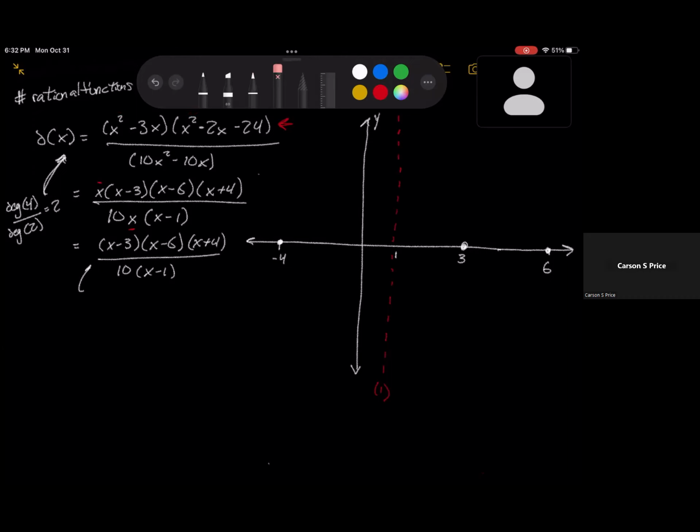So let me get rid of all these notes. So I'm going to expect behavior like a quadratic because the leading coefficient in front of this x to the 4th is going to be a 1. And the leading coefficient in front of the x squared term down here is a 10. So this quadratic is going to have a leading coefficient of 1/10.